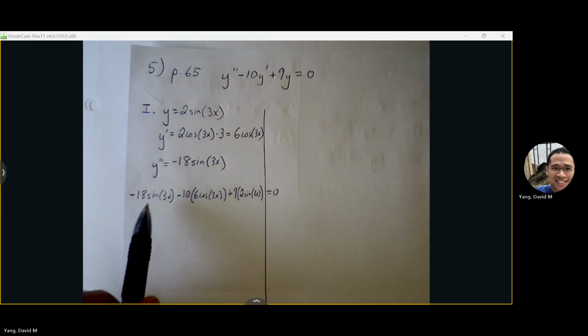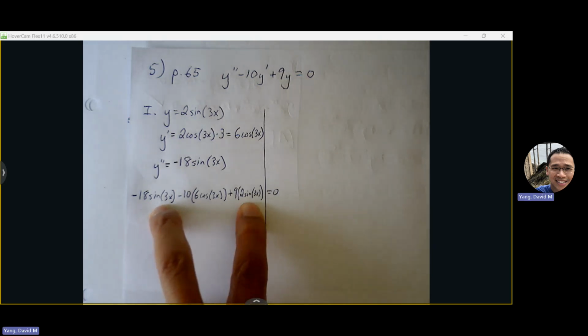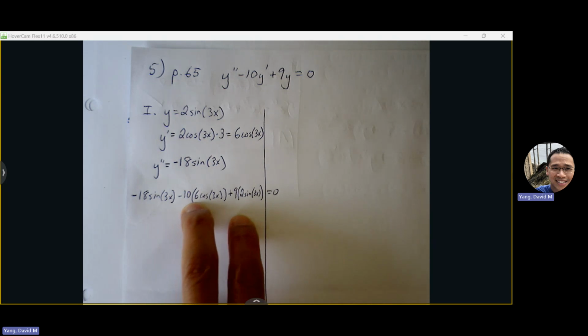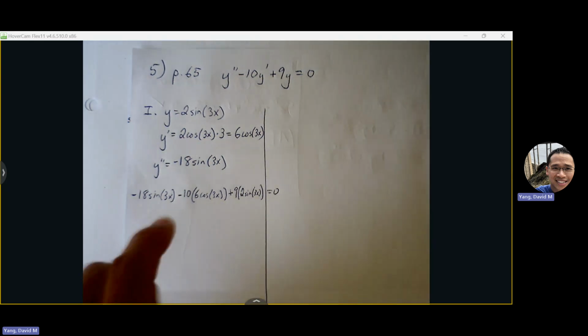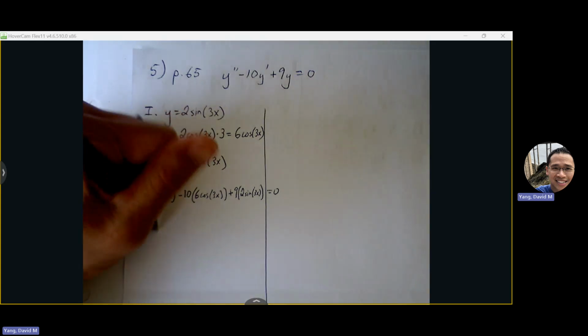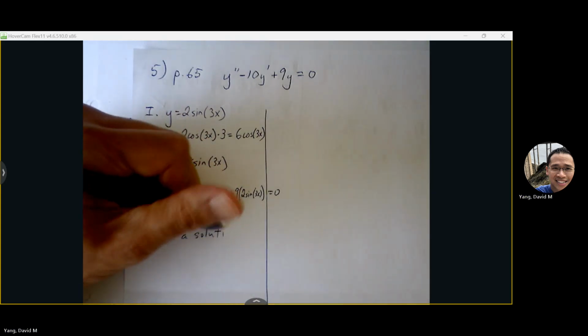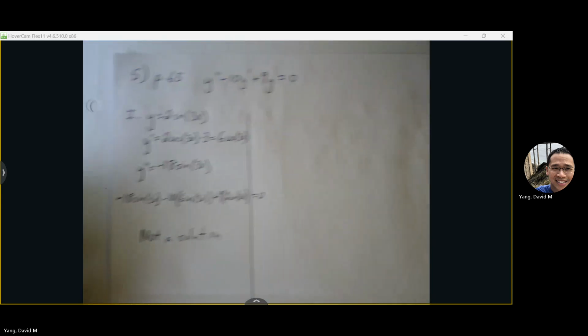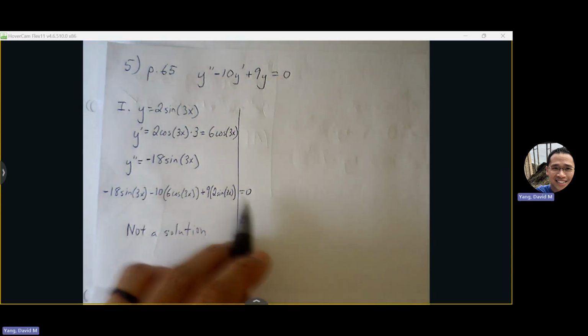So negative 18 sine plus 18 sine, that's fine. That goes away. But we're still left with this positive 60 cosine 3x. That's not canceling out, and that's obviously not equal to 0. So this is not a solution. It doesn't end up canceling out to be 0.